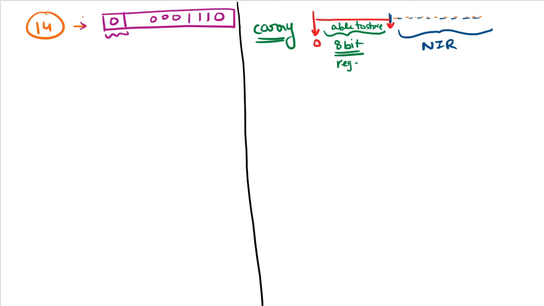Similarly, when we see overflow, overflow is a little bit different, because the value that is stored in the accumulator does not start from 0 and only go towards positive. It also goes towards negative. So when we represent it on the number scale, it looks something like this. Starting from 0, we can represent up to a certain point in positive and up to a certain point in negative.